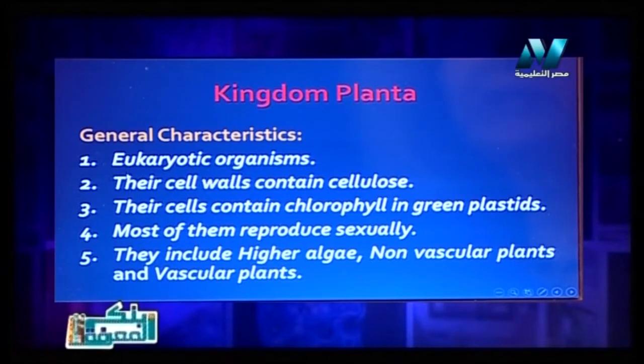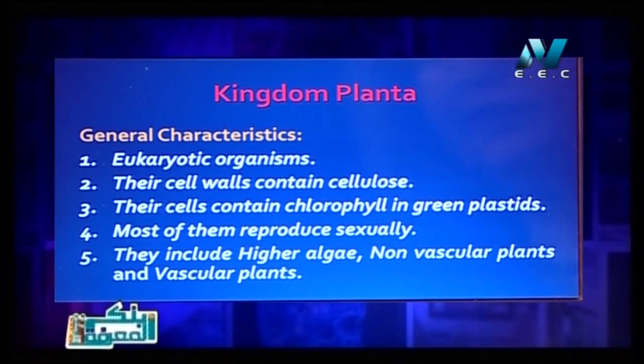But my dear students, when we speak about plants, we have to bear in mind that all of them are autotrophic. Even if we find some exceptions that can parasitize on other plants, those parasites are autotrophic and heterotrophic at the same time, because they have green leaves and chlorophyll.